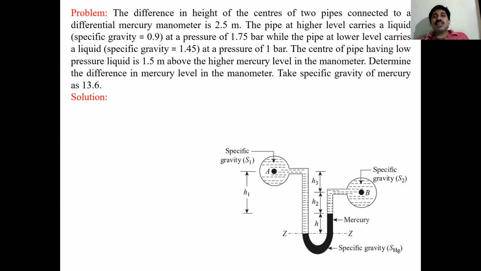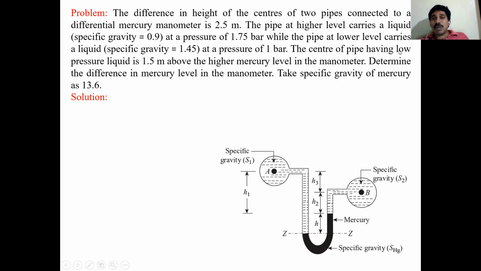The center of the pipe having low pressure means B. So from B to the mercury level, which mercury level? We have two mercury levels, one lower and one higher. The lower level is on the left limb, the higher level is on the right limb. He is talking about the higher mercury level.